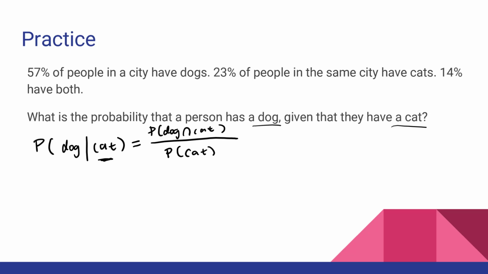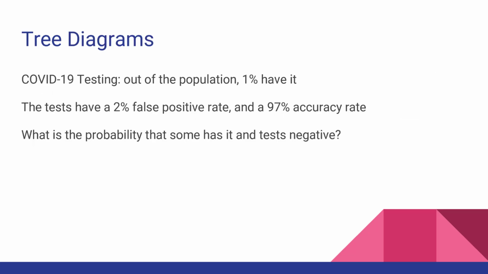We know that the probability that a person has a dog and a cat is 14% because the question says that 14% has both. And then we divide it by the probability that they have a cat, so 0.23, and we get 0.6087, so a 60.87% chance.